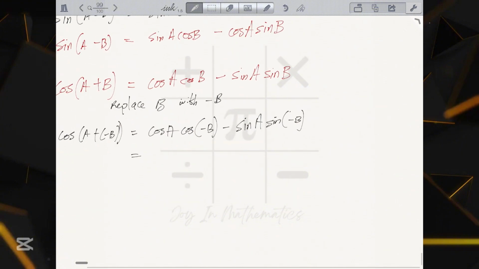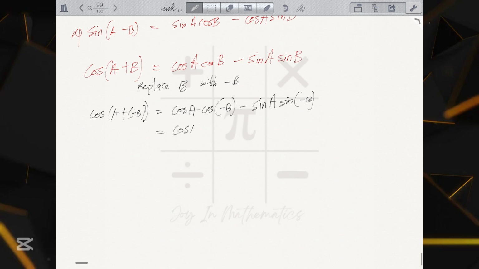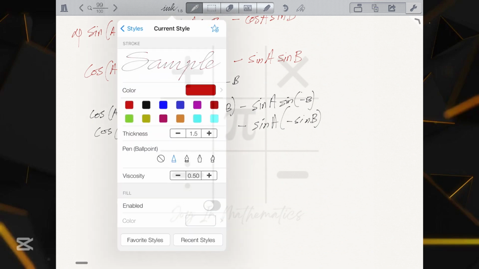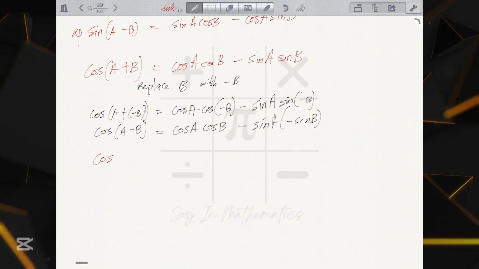Applying that here, we have cos A multiplied by cos B minus sine A multiplied by minus sine B, and this will be the expression of cos A minus B. To simplify further, writing it with red pen, we have cos A minus B equals cos A cos B, minus times minus gives positive, so plus sine A sine B.